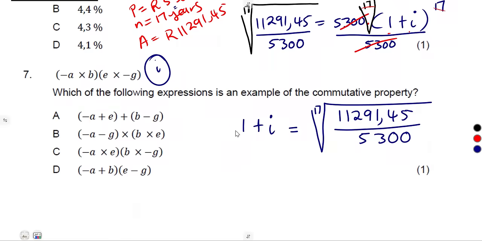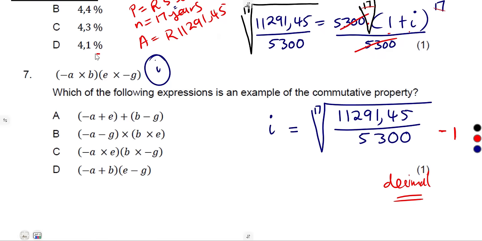So I can simply take the 1 to the other side, all right? So we saw that there is a 1 here, so we are going to take it to the other side. We subtract it there. It is I that we are having at the end. But simplifying this will give us a decimal.